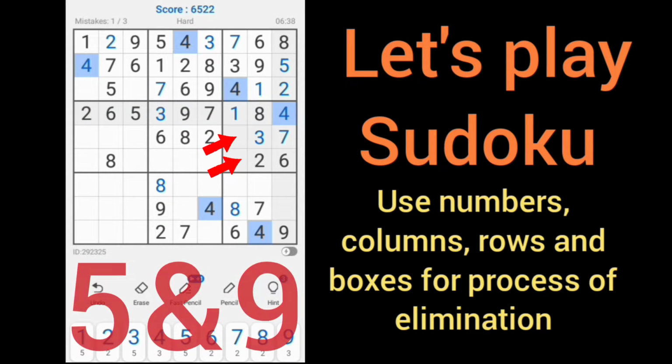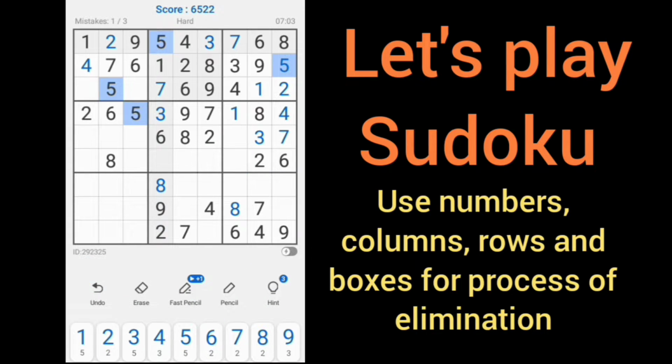There should be a 5 and a 9 in these 2 boxes here. Well, the 5 has to go here. I know that for a fact. We should know this one right here. 4, right? Yeah, because there's no 4 there. Okay, so we got the 4 out of the way there.